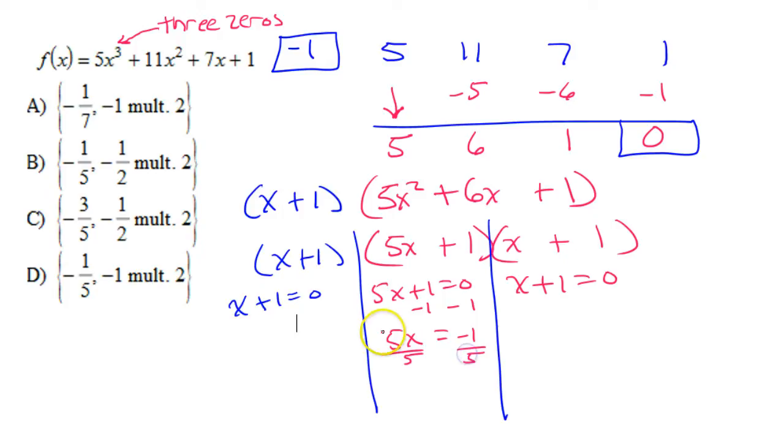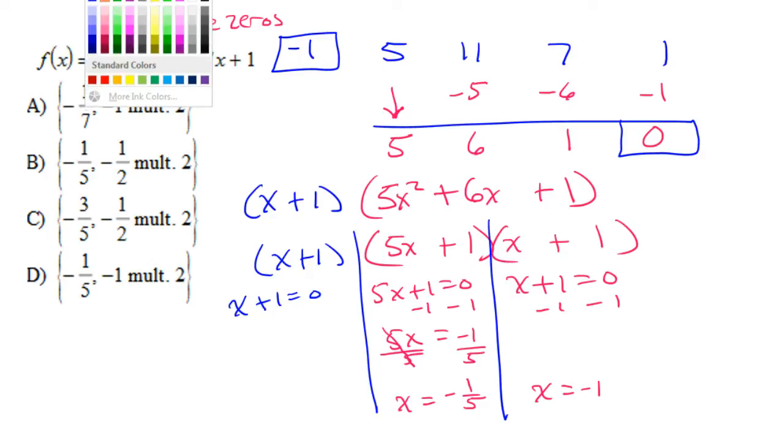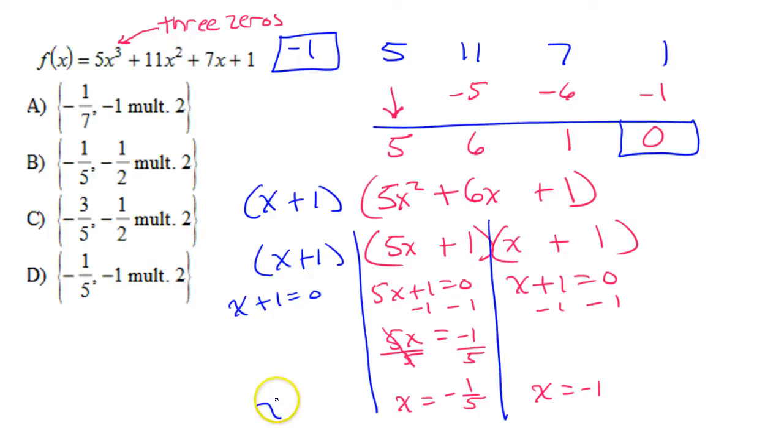Dividing by 5 gives me x equals -1/5. Now, of course, if I subtract 1 from both sides, I get x equals -1. This is the same thing, so of course I get x equals -1 here. Now this -1 is the -1 that we got off the calculator, so we knew we would see that. Here is another one, so that is -1 multiplicity 2, alright, because it's a double.